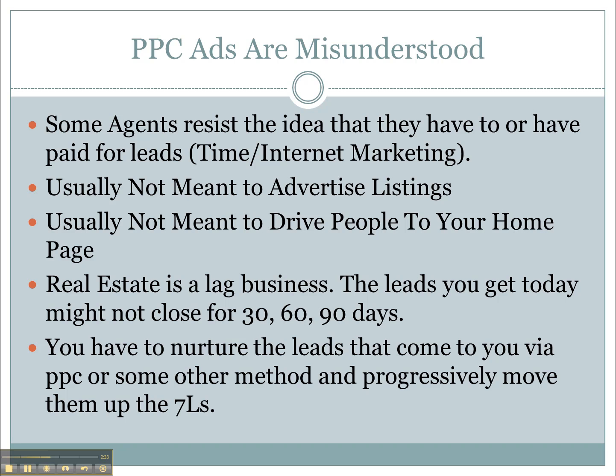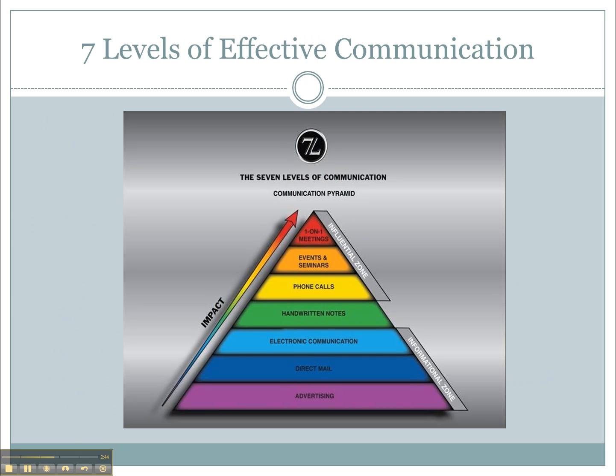The other thing you have to do is nurture the leads that come to you via pay-per-click marketing or other methods and progressively move them up the 7 levels of effective communication. I recently read a book called The 7 Levels of Effective Communication by Michael Maher, and he mentions that we often meet people in the information zone. We advertise, maybe we send a piece of mail or an email, or some type of electronic communication. That's not really influential on people.